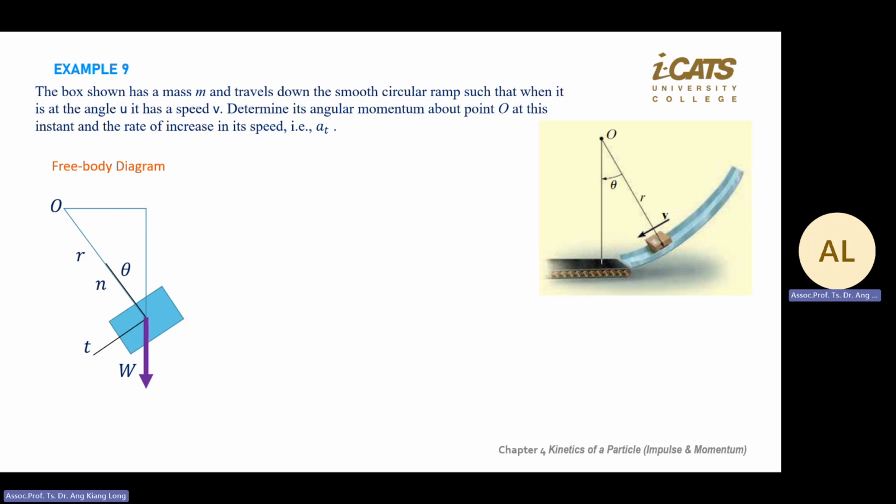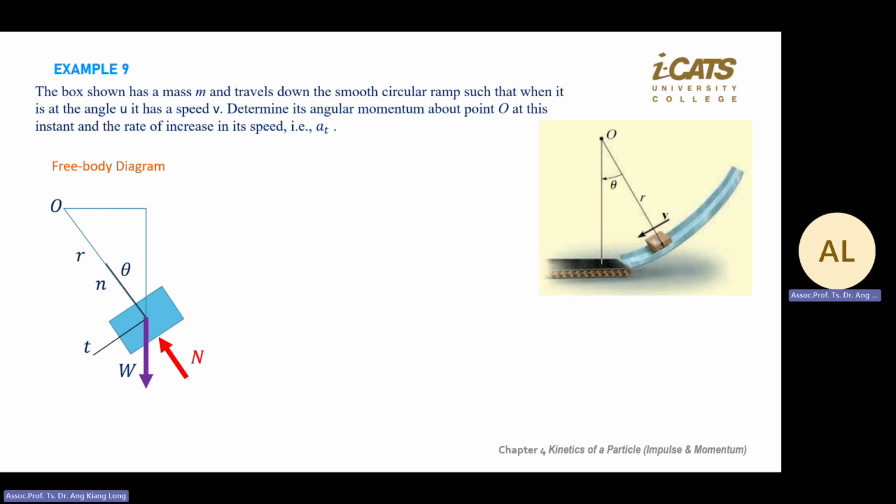Okay, so this will be your starting point. Then you can include the kinetic diagram, showing only the velocity, which is going down this way, parallel to the tangent direction. This object does not fly off. Remember, from chapter 3 onwards, you start to see normal force, contact force. Almost all the questions in chapter 3 and chapter 4, you need to find the normal force first.